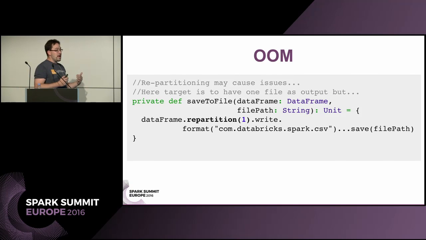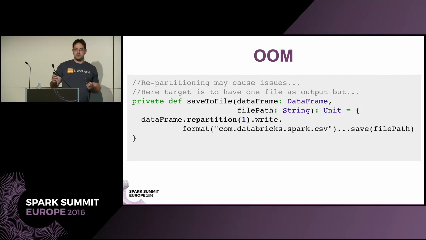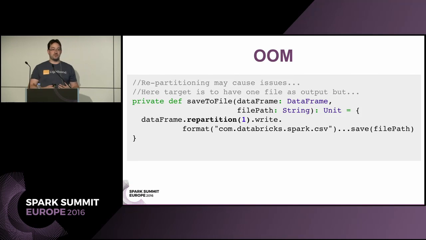The key to focus on here is that you run into the same issue as you have with collecting. Most people probably know by now that you don't collect back to your driver unless you've already limited your giant data set down into something more manageable. Repartition down to 1, you're going to essentially have the same problem. It's the same as a collect, essentially.